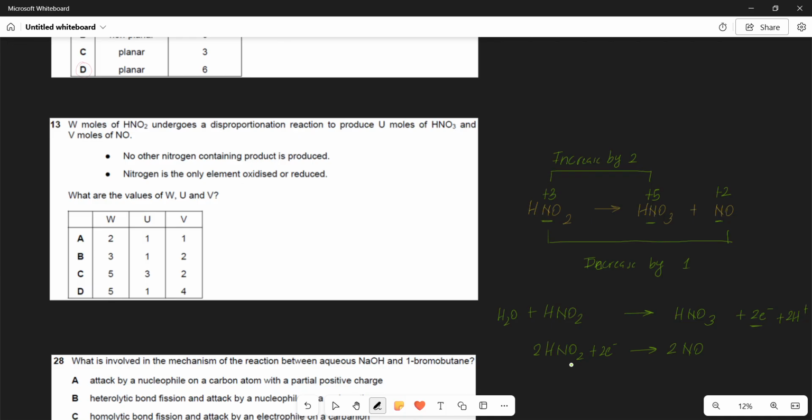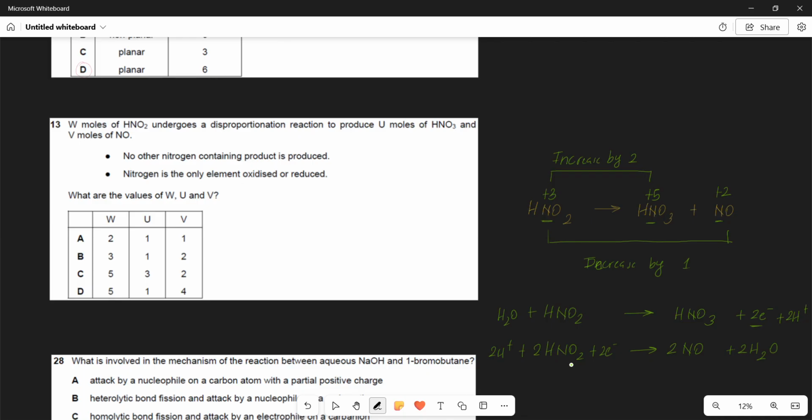Here I will have H2O, but 2 into 2 gives 4 oxygen here, and here only 2 plus 1, 3, so 2 H2O, then here it is going to be 2H plus, so that the charge, hydrogen and oxygen are balanced.